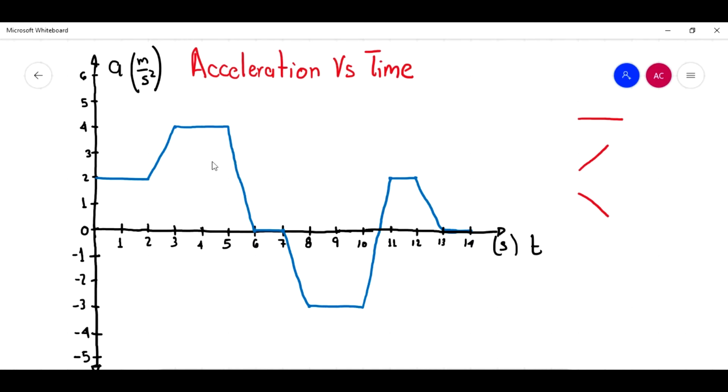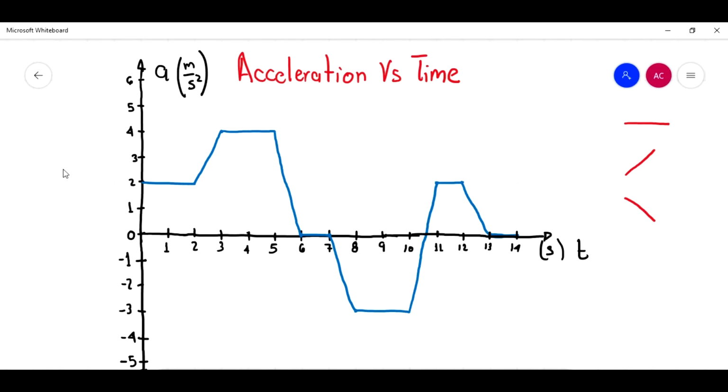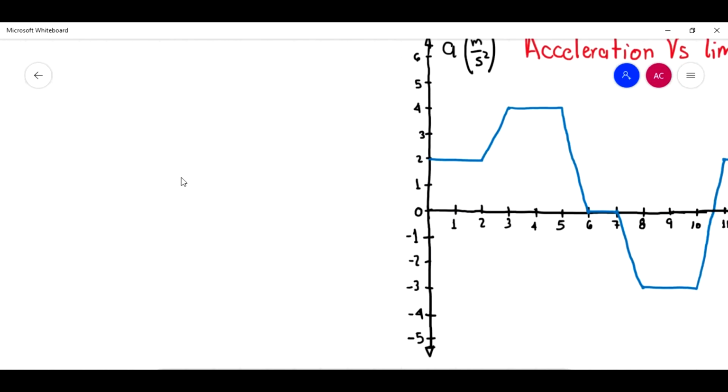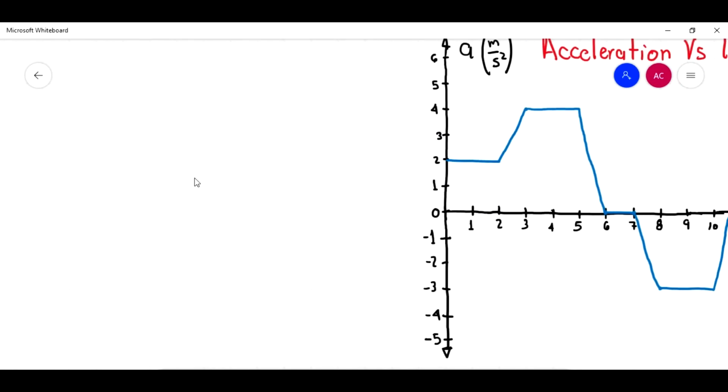But by seeing this graph, can we identify, for example, this is a car that is going to move? Imagine that we have a car over here, and it's going to start from rest, so the initial velocity of the car is 0 meters per second.